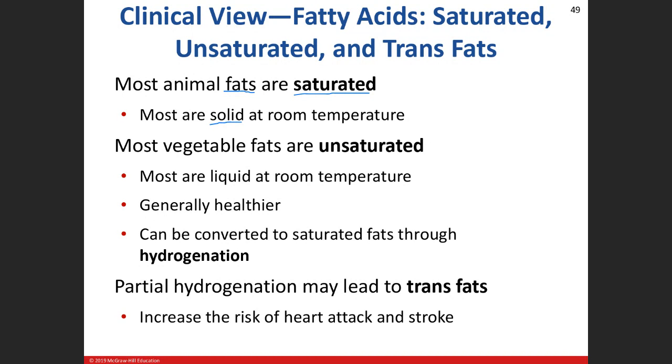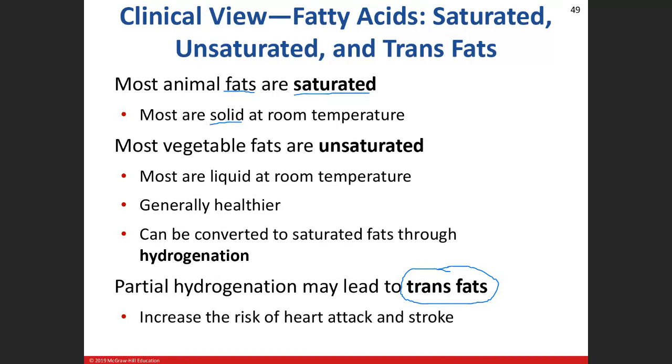And then the bad guy here that we don't like to see is trans fats. We can all agree that trans fats are bad news, because we talk about partial hydrogenation, and that's the process that creates these trans fats. It's not a good thing. In a lot of cases, some people consider it to be not so much a natural phenomenon because of this chemical process that they have to go through.